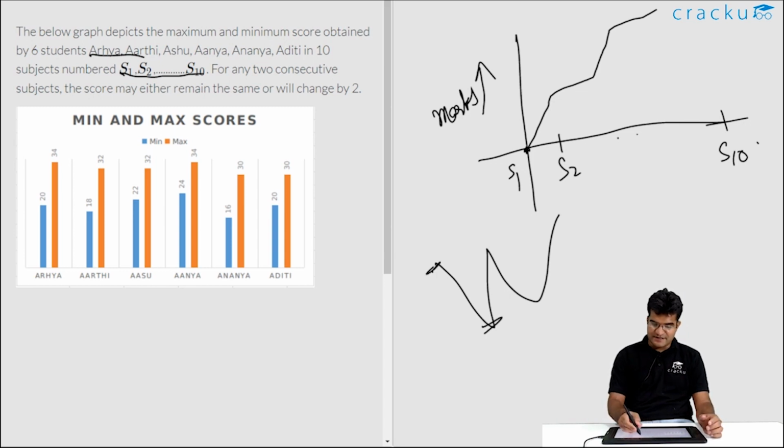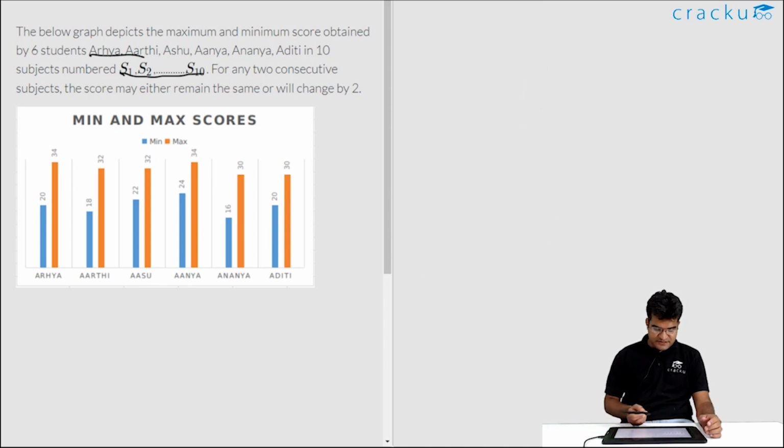So it will be basically a smooth graph where between S1 and S2 this difference will not be greater than 2. It can be 0 like this where it is flat between S2 and S3, but it won't either increase massively or decrease massively amongst consecutive subjects. This is the information that has been given. We know the minimum and maximum given. So let us start attempting the questions.